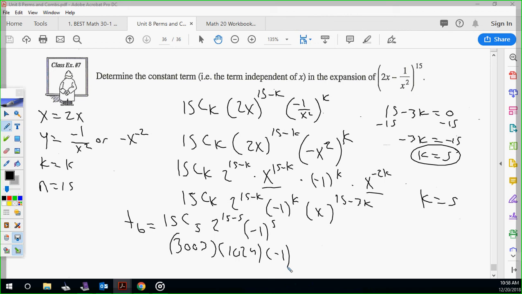So if you put the 5 in the start, it should work too, in terms of what's left over. Okay, so then this multiplied out for your answer, it's quite big. 3,075,072 negative is that constant. All right, that's it.